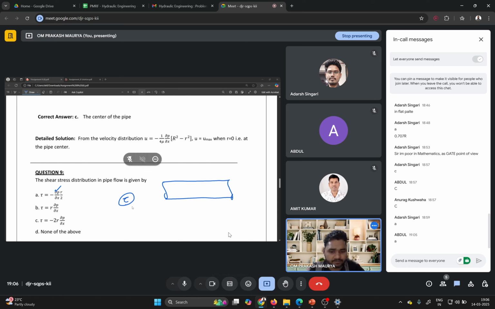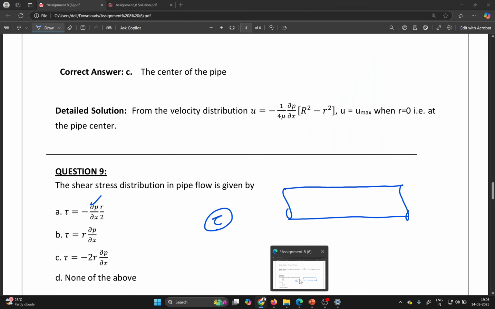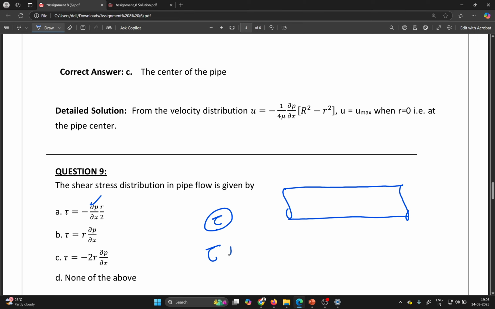Okay, let me discuss. Yes, option A is correct. Your tau is related with the pressure gradient, and r by 2.